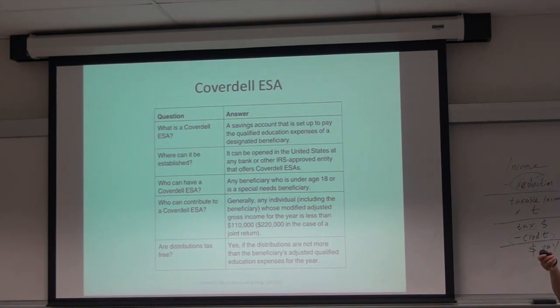Keep this in mind because later I will combine everything. Anyone who is under age 18 or has special needs, so that they can go above 18. So you need to set this up young. You cannot go to college and then start to save for that. Anyone who is under age 18.